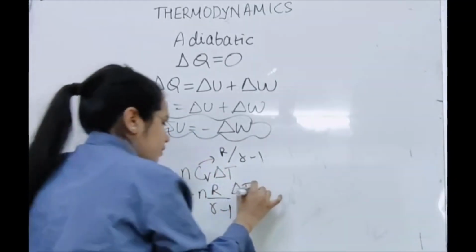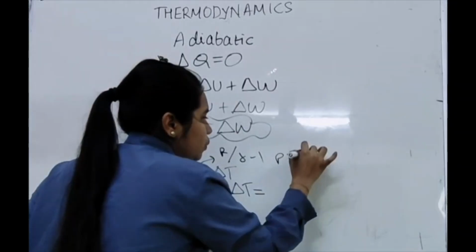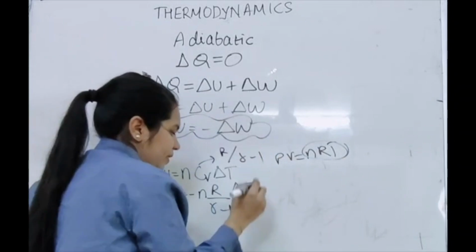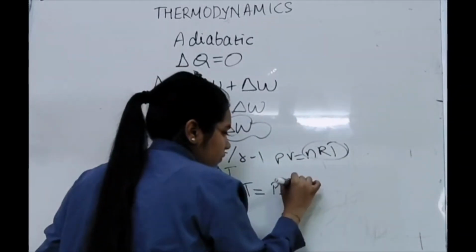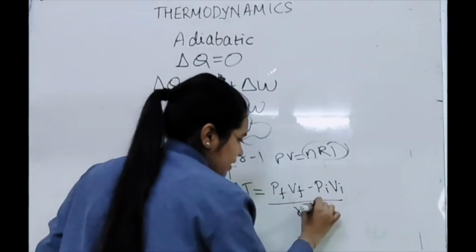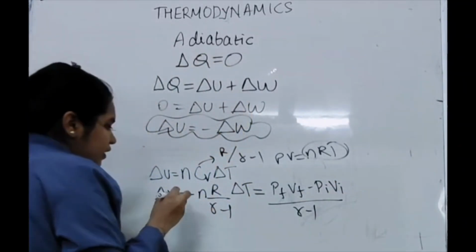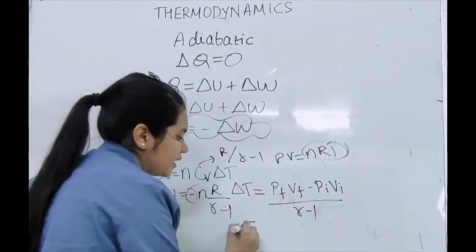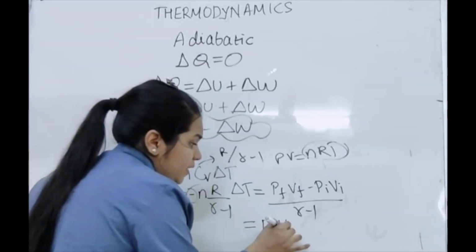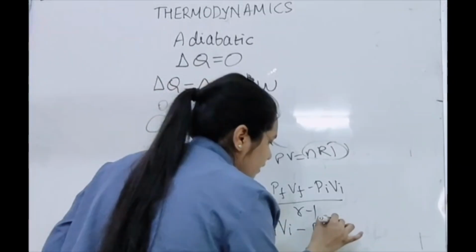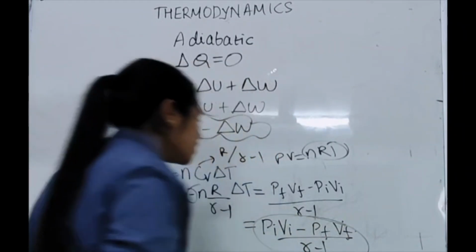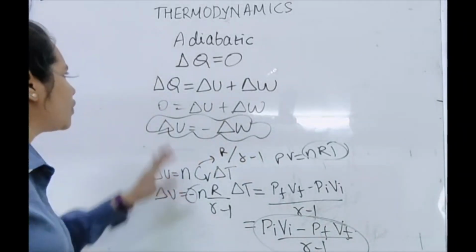And we know PV equals nRT. Now we'll put it in terms of PV. So P final V final minus P initial V initial by gamma minus 1. But we forgot the fact that there was a minus sign. So the final equation will be P initial V initial minus P final V final by gamma minus 1. So this is the final formula for the adiabatic.